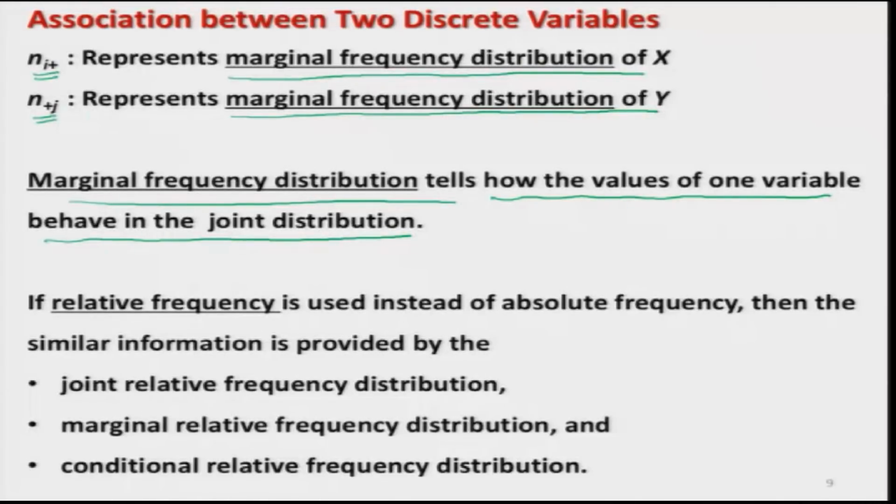So, now you can think that these values are determined by two values, and we assume that the value is affected by two variables x and y. So, obviously one question comes: when we have the joint distribution of two variables x and y, what is the contribution of x and what is the contribution of y? This information can be dug out from this bivariate frequency table or the contingency table by finding the marginal frequencies.